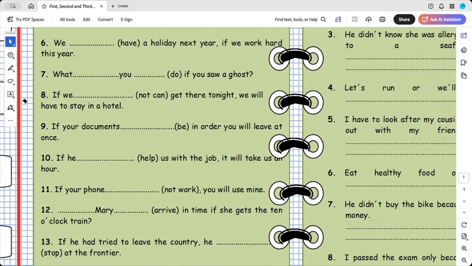Okay, if your documents are in order, you will leave at once. Number 10: if he something us with the job, it will take us an hour. If he helps us with the job, it will take us an hour. Easy.